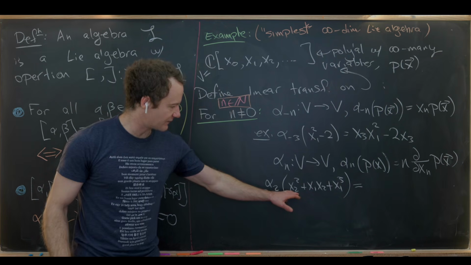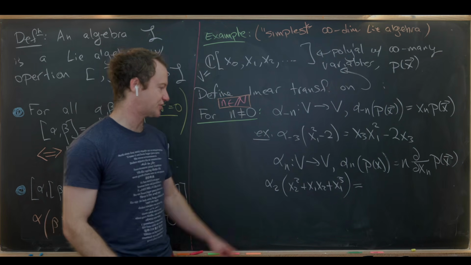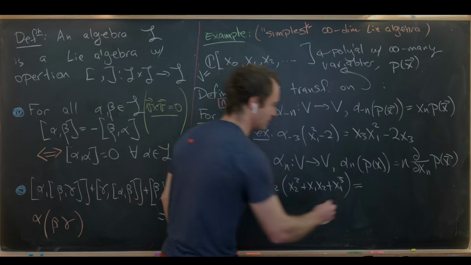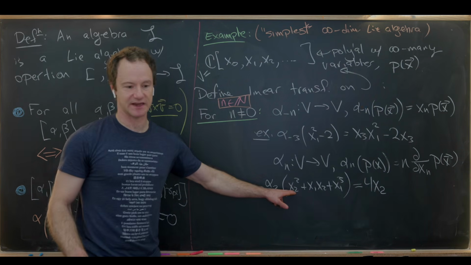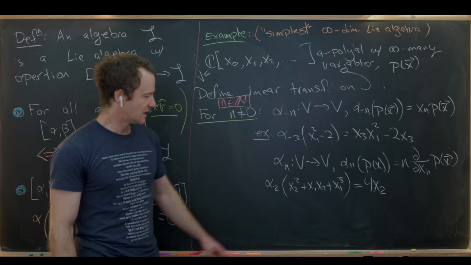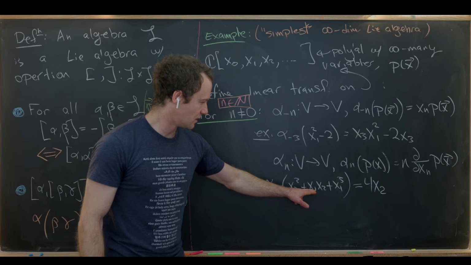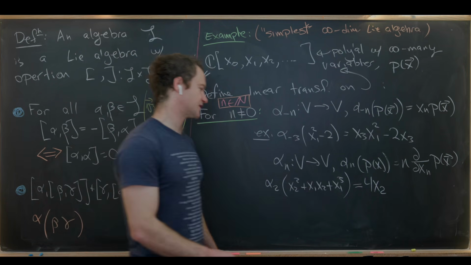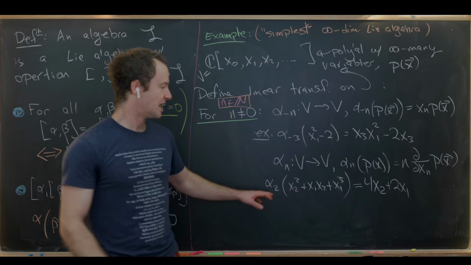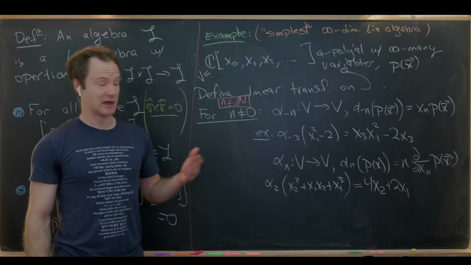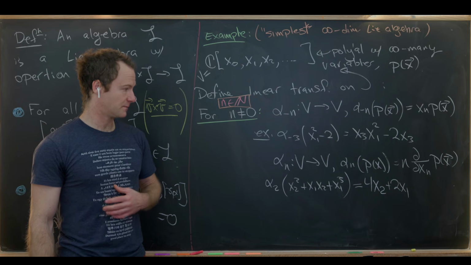First off, we need to multiply by 2, and then after multiplying by 2, we need to take the derivative. So if we take the derivative of this with respect to x2, we'll get 2x2, but if we multiply by 2, we'll get another 2. So we'll get 4x2 for that term. Then for the next term, the x2 is going to disappear, so we'll get 2x1 because we have to multiply by 2. Then the last term doesn't depend on x2, so we get 0.